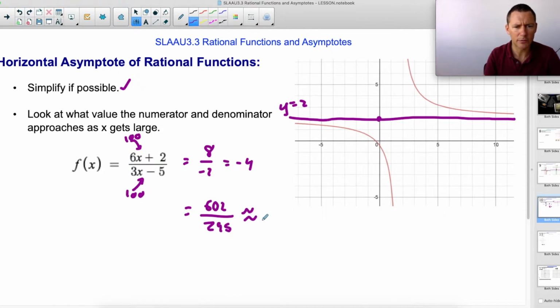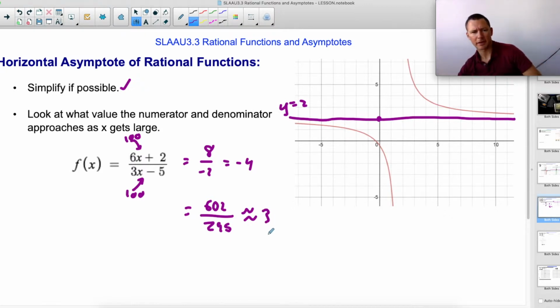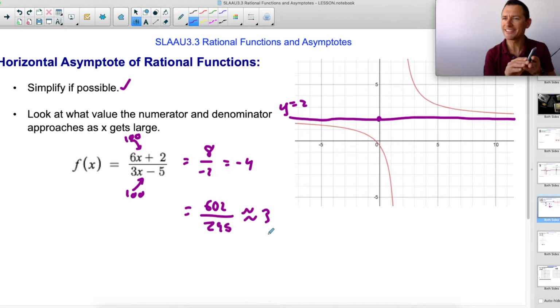This is pretty close to 3, right? If you had a calculator, the tiniest calculator ever, 602 divided by 295, you get 2.04.